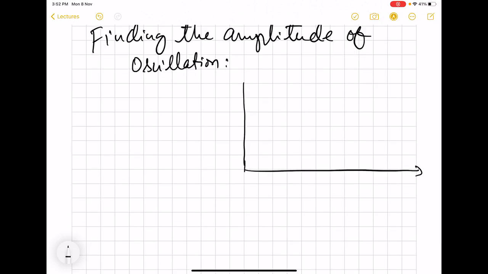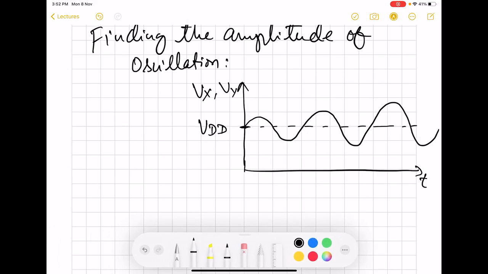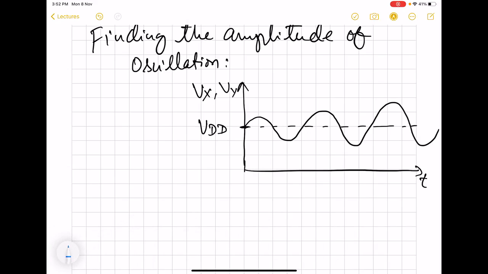So we saw that Vx and Vy, they will oscillate about DC value equal to VDD. So for example, this is going to be Vx and Vy will be its 180-degree phase shifted version like this.